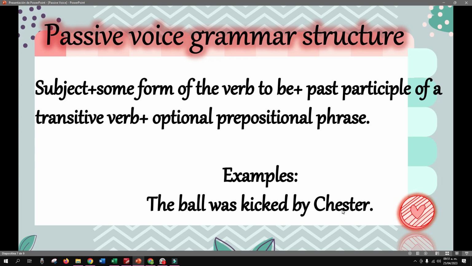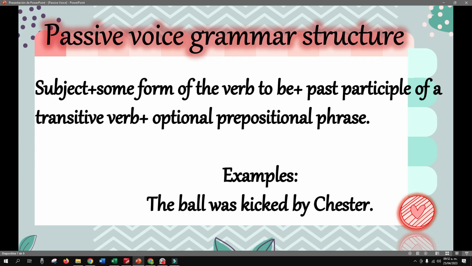So this is a passive voice grammar structure, right? So in the first one, when you have the active sentence, you say Chester kicked the ball. What's the object? The ball. So, in this case, that's different, right?